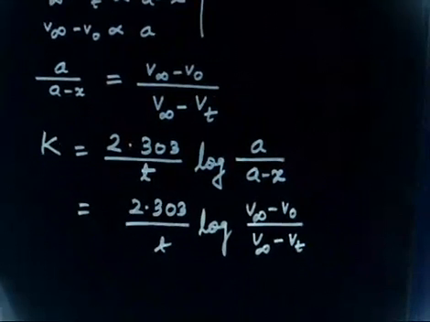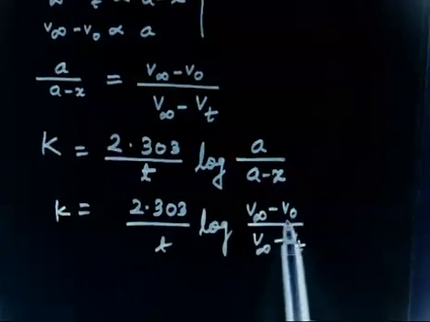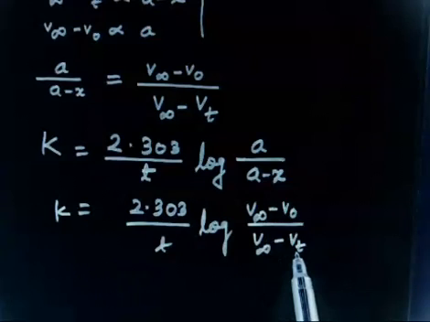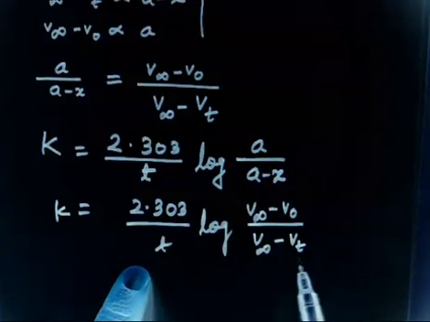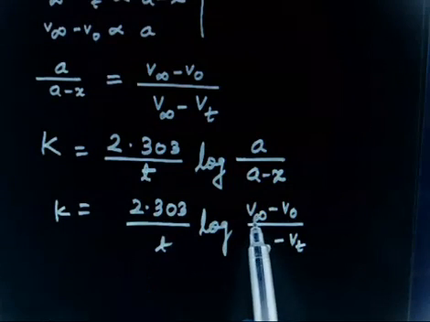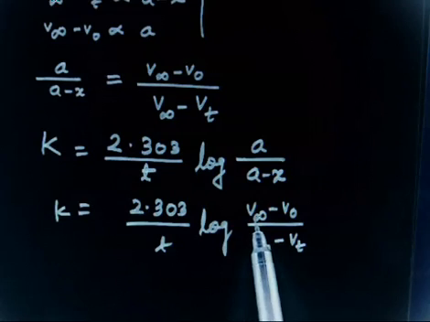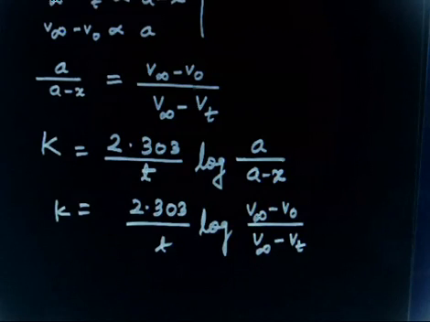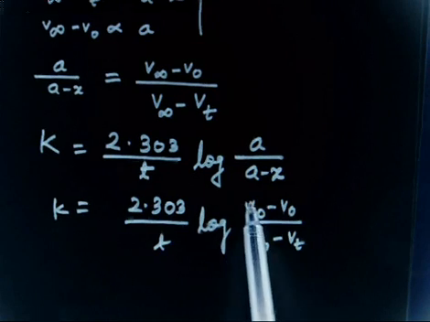So if I know at different times the V infinity and V0, let us say at 60 seconds I know the Vt, and if I know the V infinity, that is the final volume after a long time, let us say the volume of NaOH required is 36 ml, so this value becomes 36 ml.